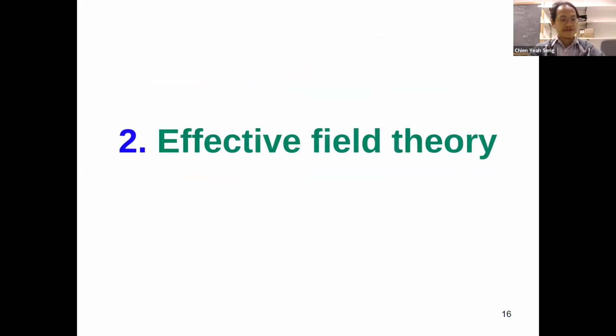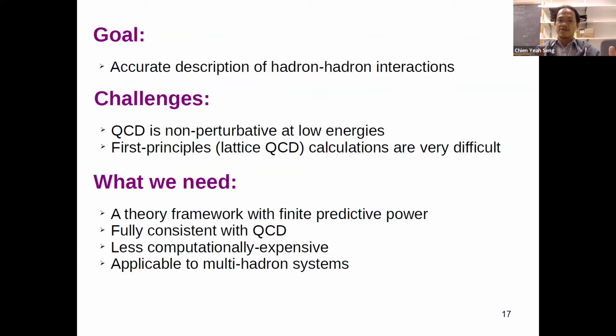So that led us to the second section, which is the concept of effective field theory. As we mentioned before, our goal is to have an accurate description of hadron-hadron interaction, but our challenge is that QCD is non-perturbative, and it's very difficult to apply lattice QCD directly to predict a hadron-hadron interaction.